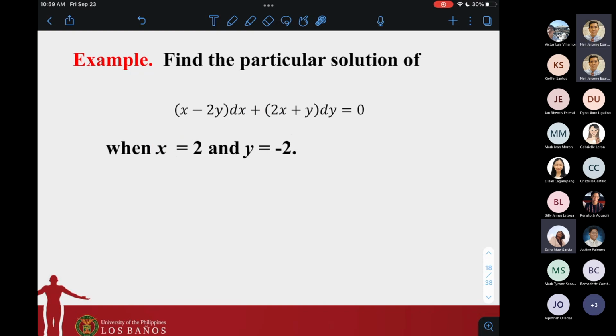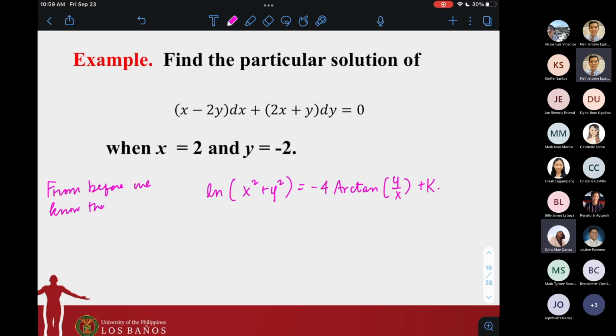Okay? So paano siya gagawin? Well, we take note that we already have the solution. So from the previous example, we know that the general solution is this guy. So if x equals 2 and y equals negative 2, plug in natin sila to find the value for k.